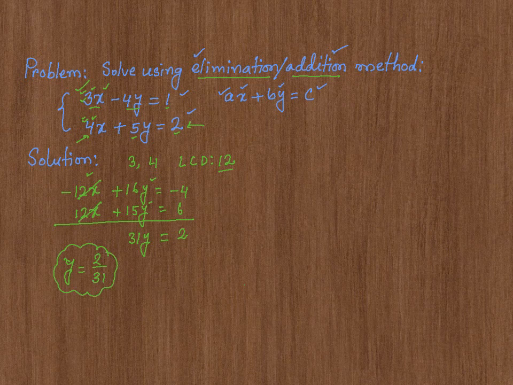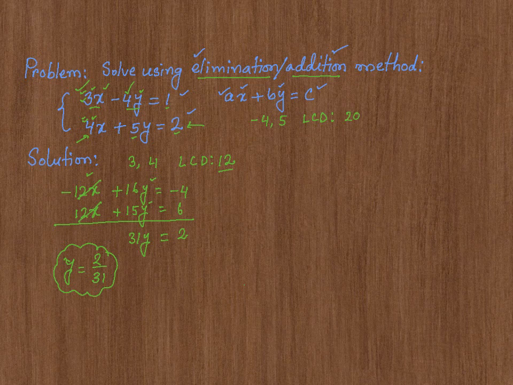Now we are going to do a similar process, but this time we are going to eliminate y and solve for x. Look at the coefficients, which are negative 4 and 5, and the positive value of the LCD, least common denominator, is going to be 20.